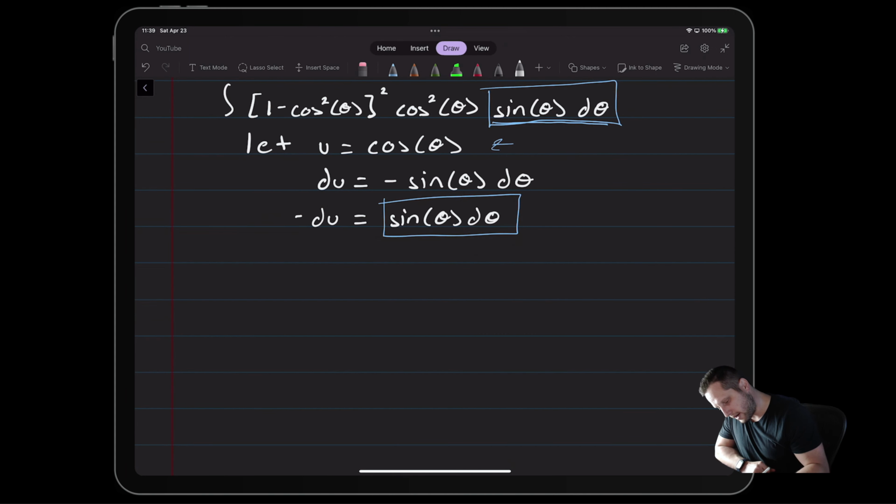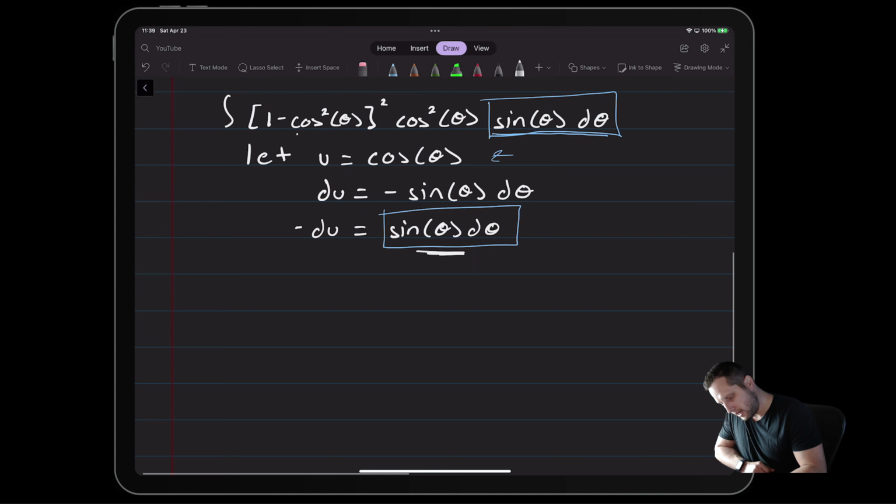So now we're going to substitute this sine theta d theta for a negative du. And we're going to substitute this cosine squared and this cosine squared, for u equals cosine, so those are going to become u squared.